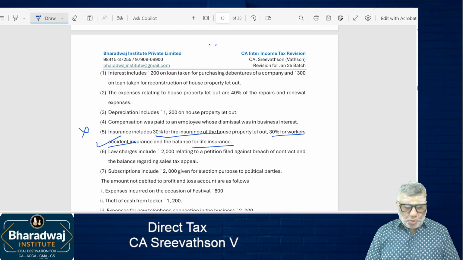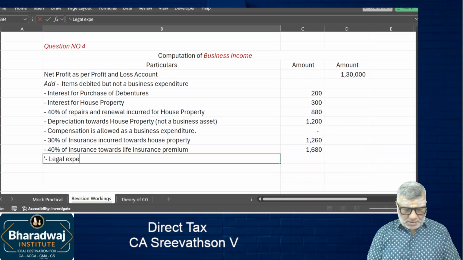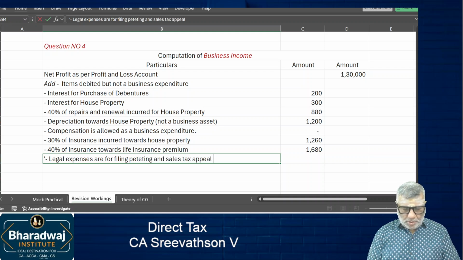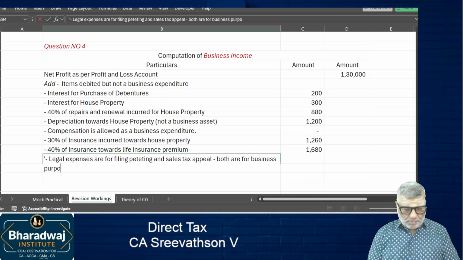Legal charges include 2,000 relating to a petition for breach of contract, allowed. Legal expenses. Since there is an adjustment, please write. Or for filing petition and sales tax appeal. Both are for business purposes. Hence allowed.